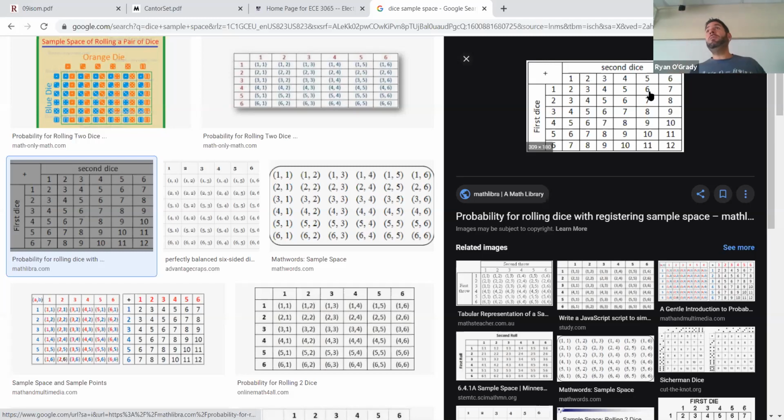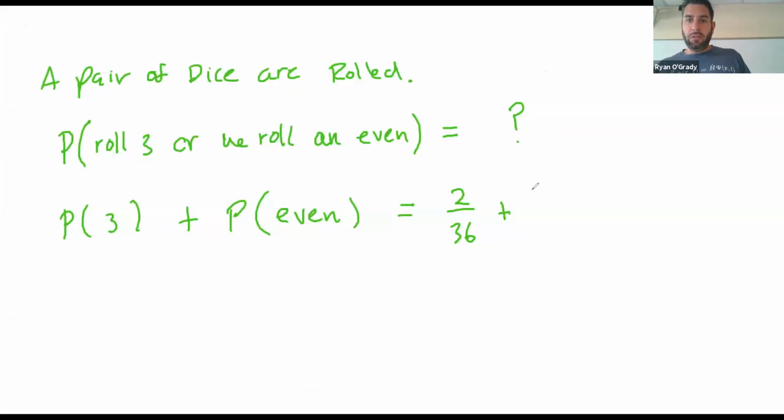But then your intuition might say, well, I don't know, Grady, there were more 7s than anything, you said. And that's correct. But then there's the least amount of 2s and 12s as anything, right? So it actually balances out. So if we just trust our initial count, then this should be 18 over 36. And so if we do this, we get 20 over 36.